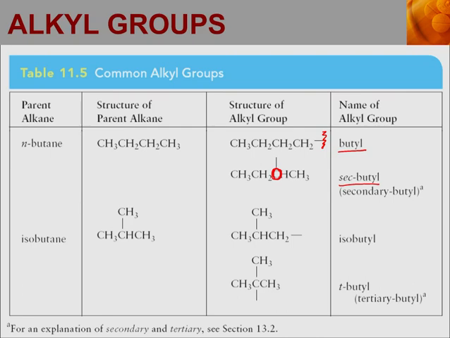So that gets a little confusing, right? Now, what gets even more confusing is if we have isobutane as kind of our starting point, and then we remove a hydrogen from the end, this is isobutyl, so that's easy enough. But what if we connect in the middle to our chain? Then that becomes T-butyl or tert-butyl.